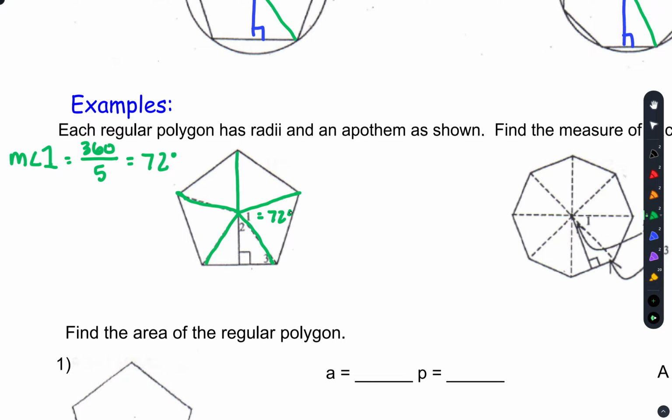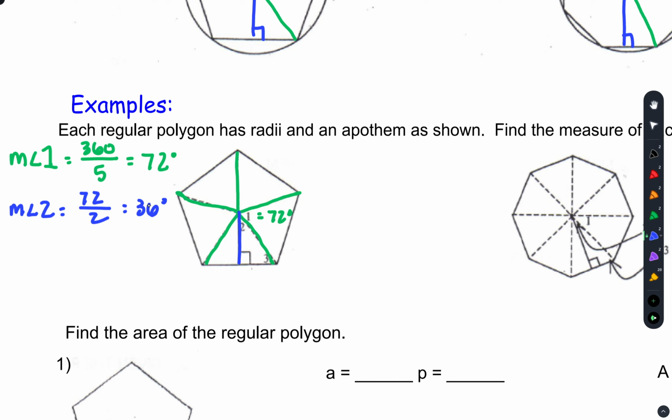Our next step was that when we draw in the apothem, we are dividing one of those pieces in half. So for the measure of angle 2, we would take 72 and divide it by 2 to get 36 degrees. Now, really, that's the only angle that I'm going to care about, that central angle divided by 2.